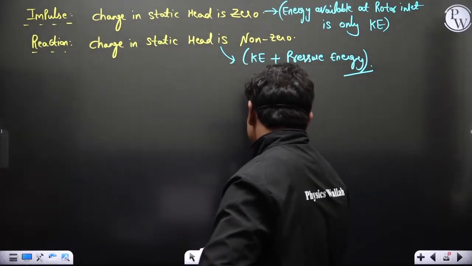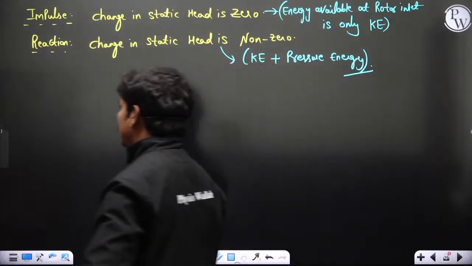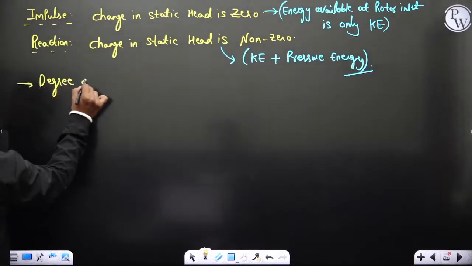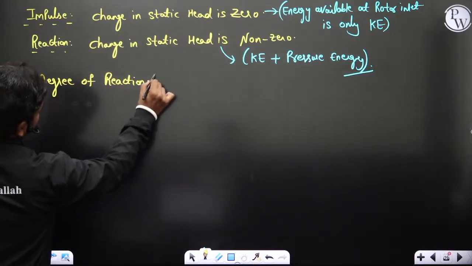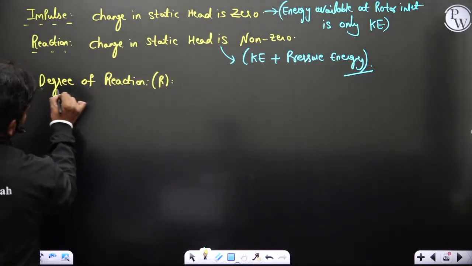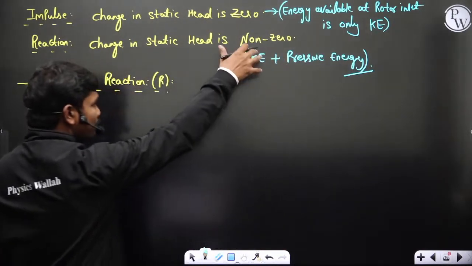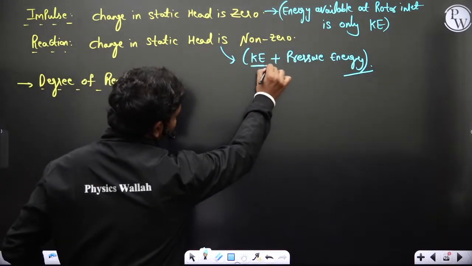Now there is one important term which quantifies the effect of this reaction. There is something called degree of reaction, which is normally denoted with R. This tells you the effectiveness, how well pressure can be utilized, because kinetic energy is a direct impact.